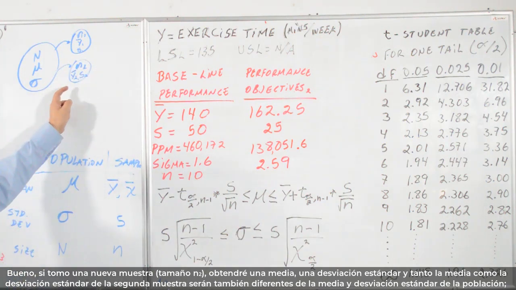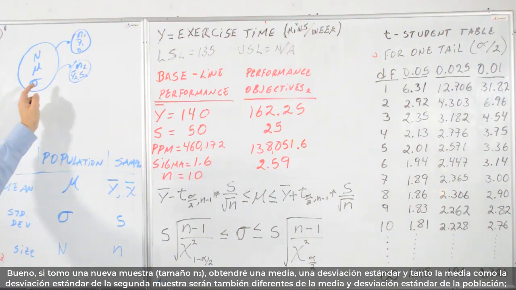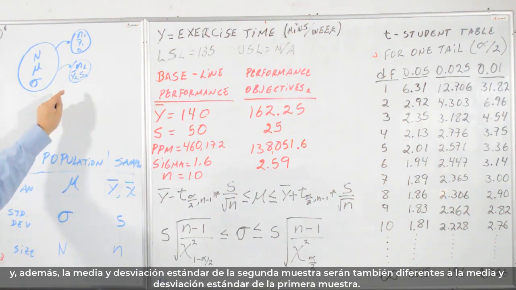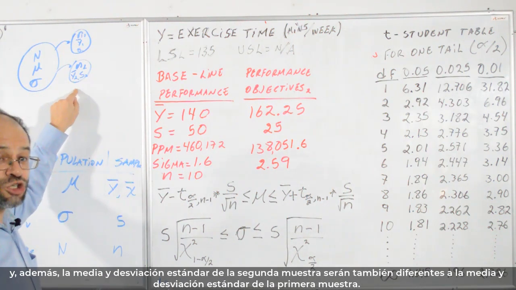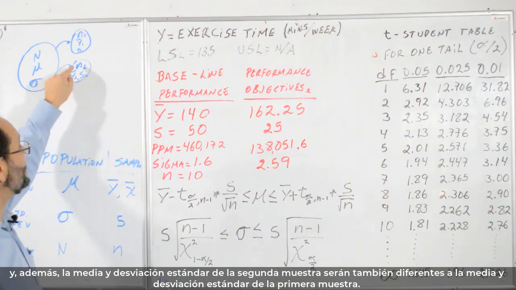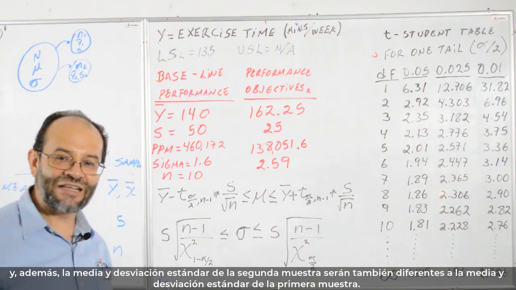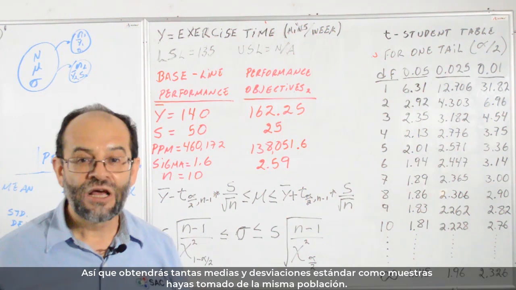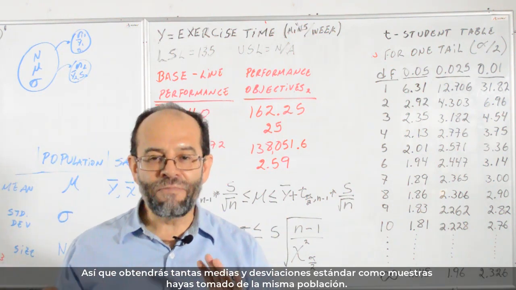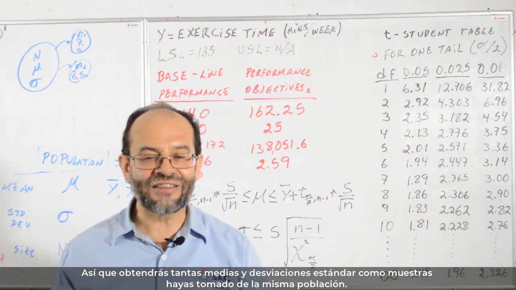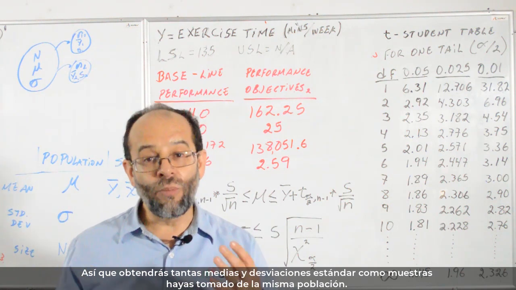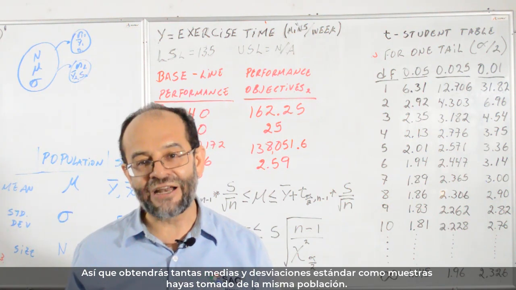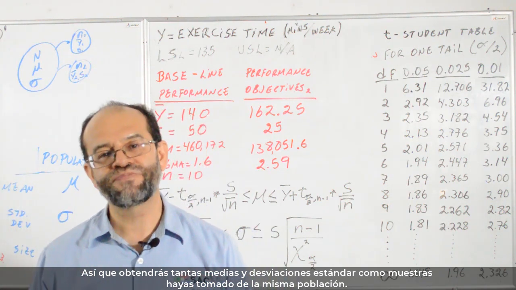The mean and the standard deviation of the second sample are also going to be different from those of the population, and also different from those of the first sample. So you are going to get as many means and as many standard deviations as the number of samples you have taken from the same population.